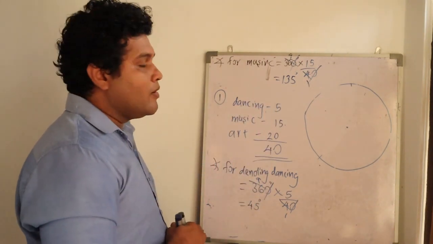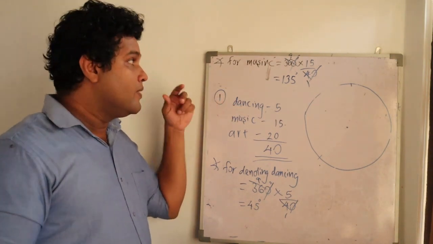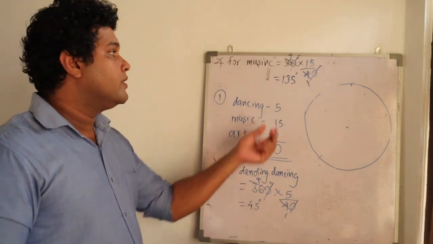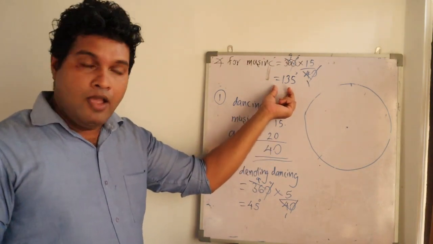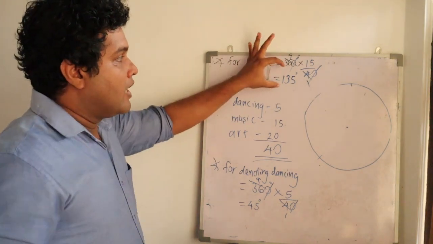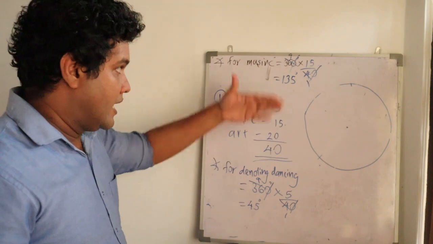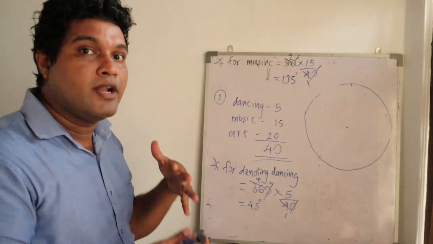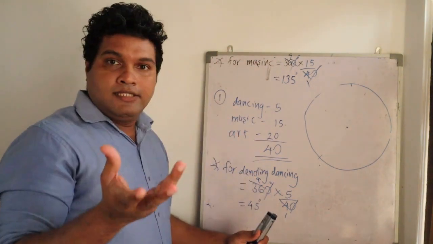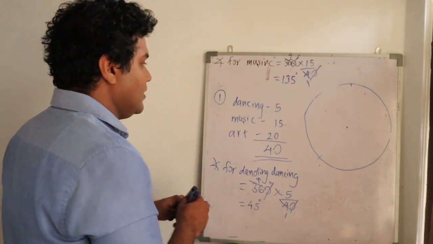So far we have calculated two angles for two denominations, dancing and music. The first one was 45, the other is 135. What is the sum of the two angles? 135 plus 45 is 180. Then there is another angle too. How to find it?